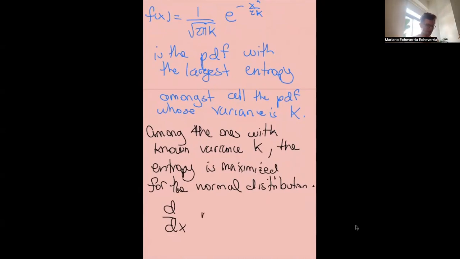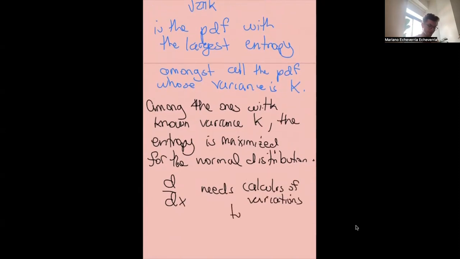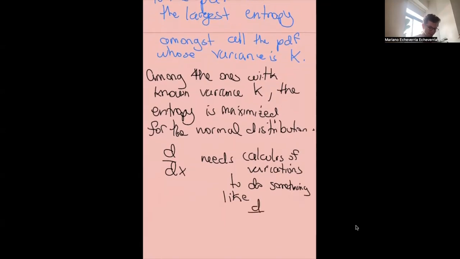So it needs calculus of variations to do something like a derivative with respect to a function, not just x. This is not quite the notation that is given to it.